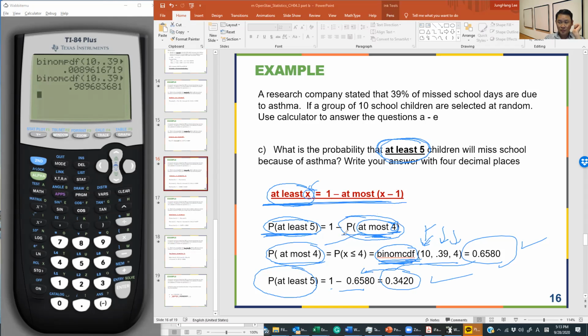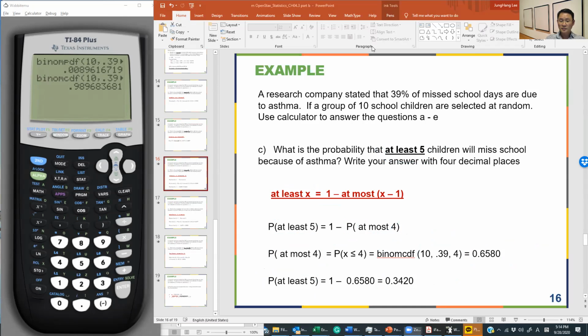So to figure out at most 4, you can use the binomial CDF function and get your answer right there. Once you get that, you do 1 minus that value, and then you get your final answer, which is what you really want, the at least 5 case, just like that. All right. Okay.